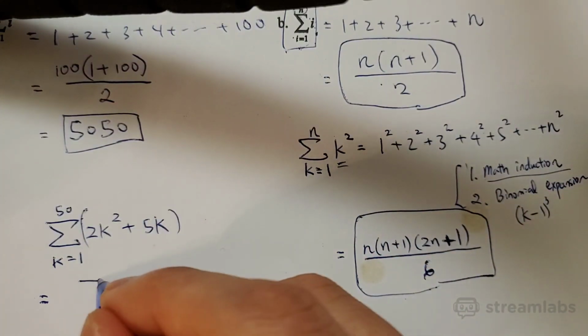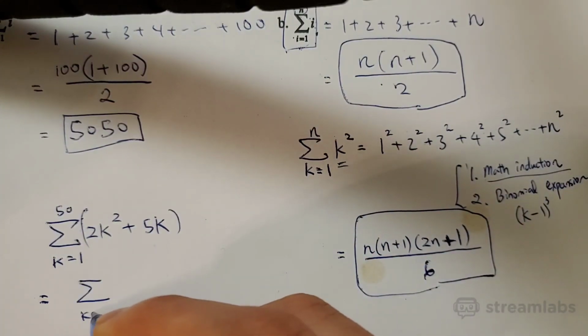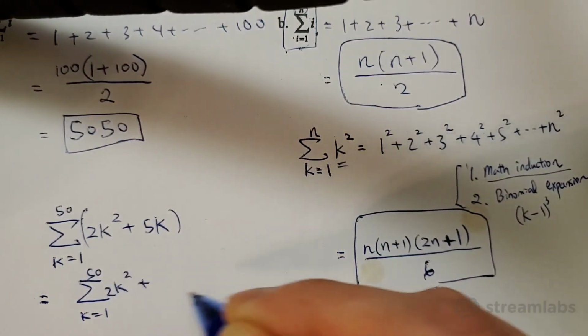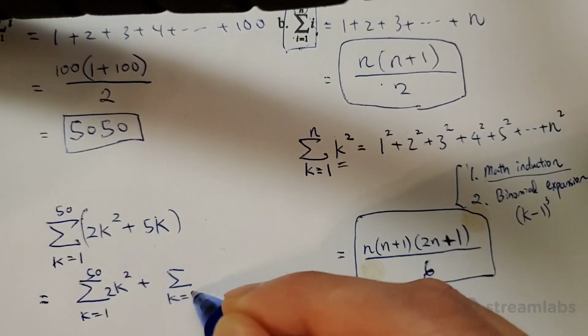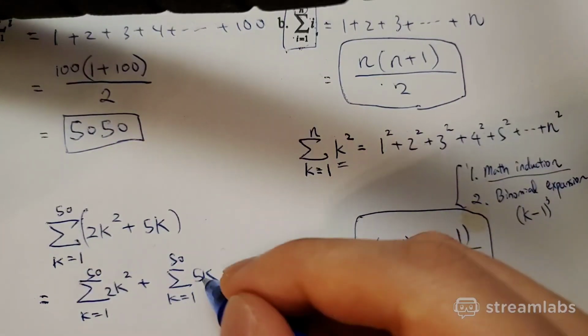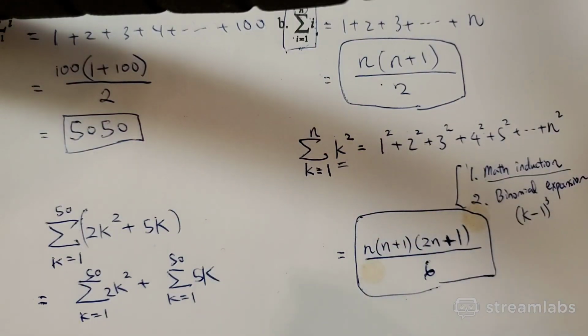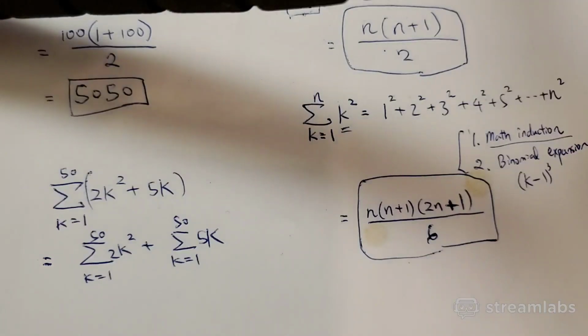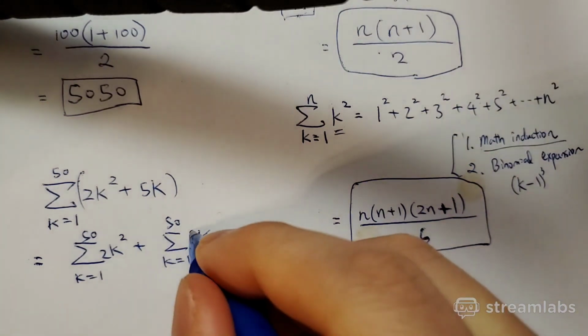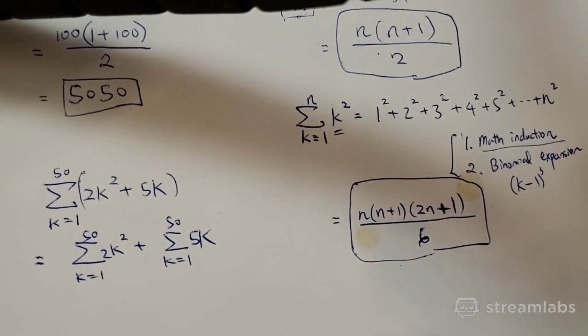What do I mean? I can split this sigma into 2 sigmas. Why can I do that? Because adding is associative and commutative, right? You can do things in different order, it shouldn't matter, right? We're adding things. Okay, well, think about this.